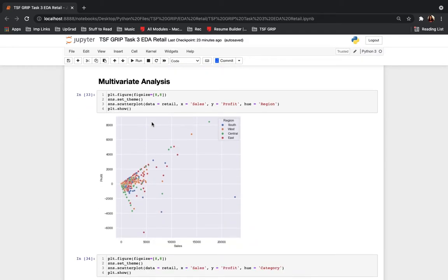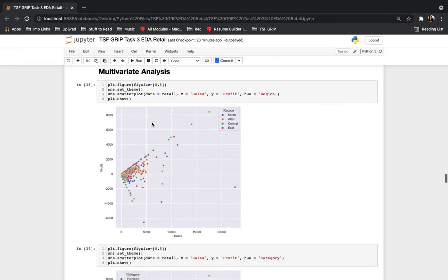So moving on to multivariate analysis. Here I'm comparing profit versus sales, and I'm doing it for region. So I'm comparing three parameters here.